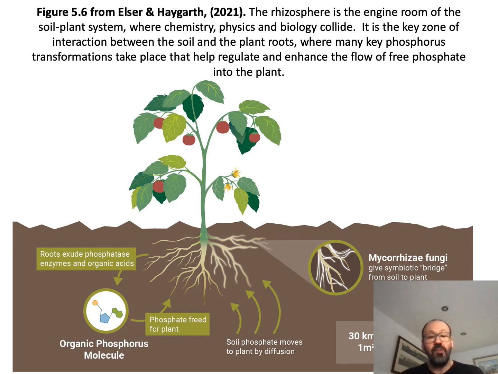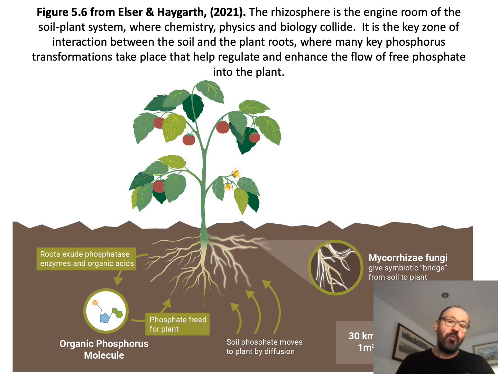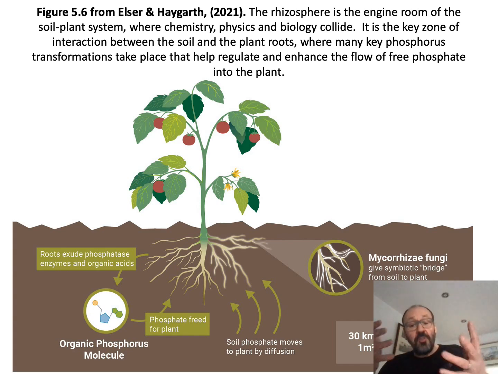It shows the importance of the plant, and the plant has a rhizosphere, this zone around the root mass that's part of the soil, and in this rhizosphere the plant gives out all sorts of funky little chemicals which are very clever at breaking and accessing different forms of nutrients, in our case phosphorus. Not only that, we have symbiosis of mycorrhizae fungi which give out a bridge from the soil to the plant to help the plant access the phosphate.